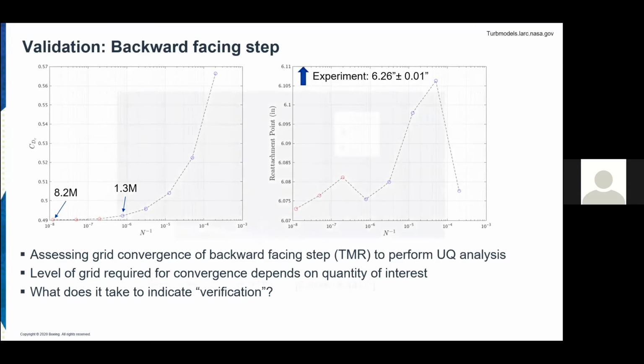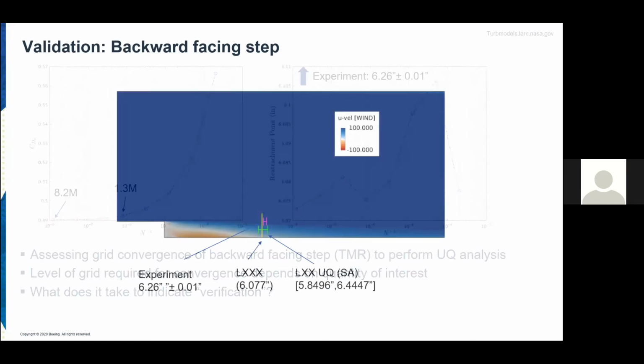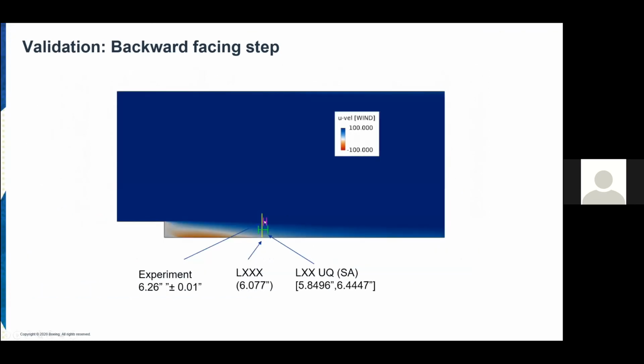If you look at this case as a validation case, the experimental error is these magenta error bars of 6.26 inches plus or minus 0.01 inches. If we apply uncertainty quantification, looking at both the grid resolution and confidence in turbulence model coefficients for the SA turbulence model, we end up at this grid with an uncertainty which does encompass the experimental value.